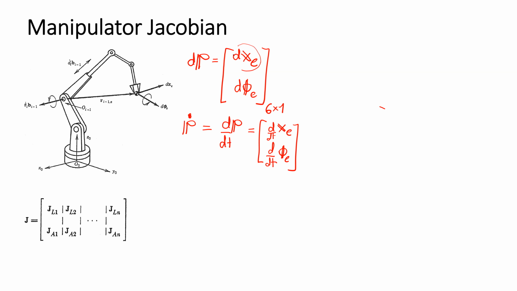The position vector is 3x1, this is 3x1, and in total we have a 6x1 vector. If we write the equation, the endpoint velocity is related to the joint velocity. Endpoint velocity is related to joint velocity by the Jacobian matrix.